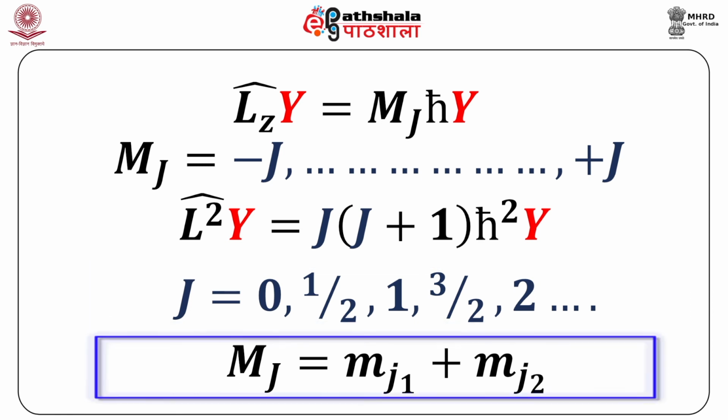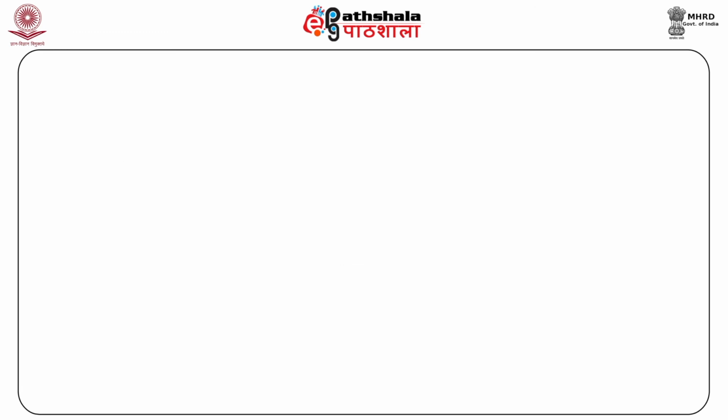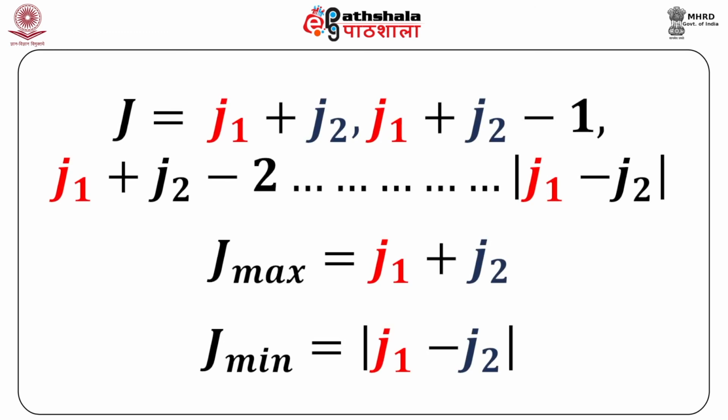We found that capital Mj is equal to the sum of small mj1 plus small mj2, and capital J can take up values from j1 plus j2, which is j max, to j minimum, which is defined by modulus of j1 minus j2.